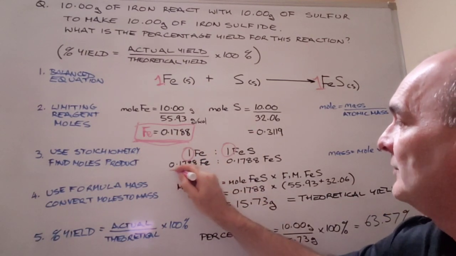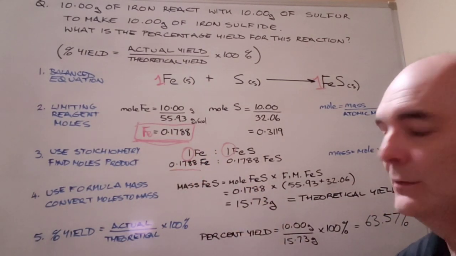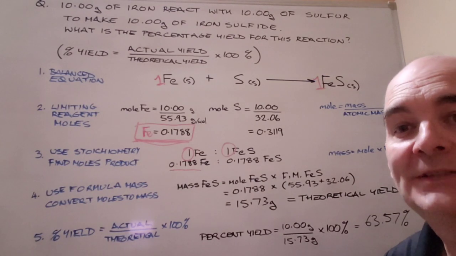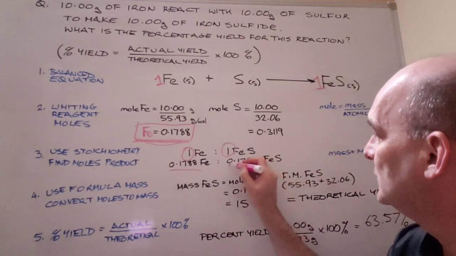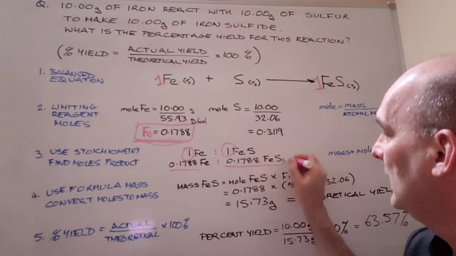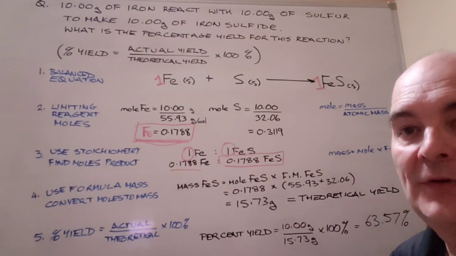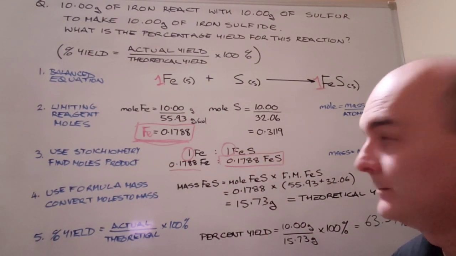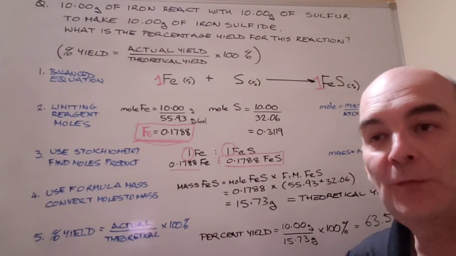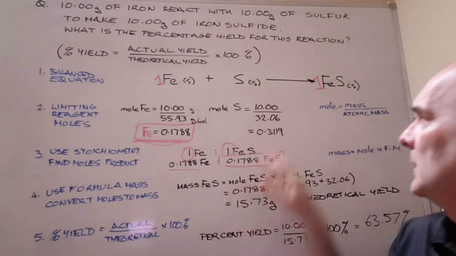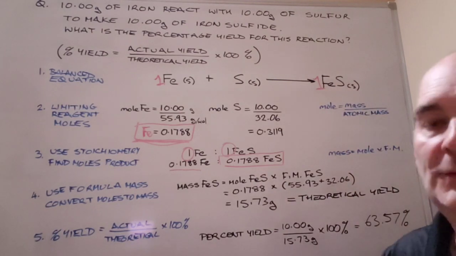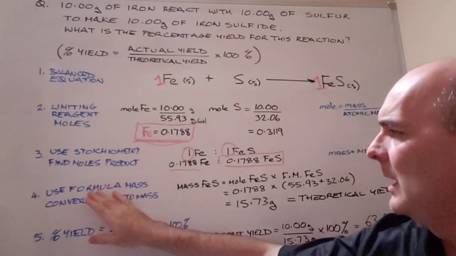I actually have 0.1788 moles of iron, which means that the maximum number of moles of iron sulfide that I can make is also 0.1788 moles.